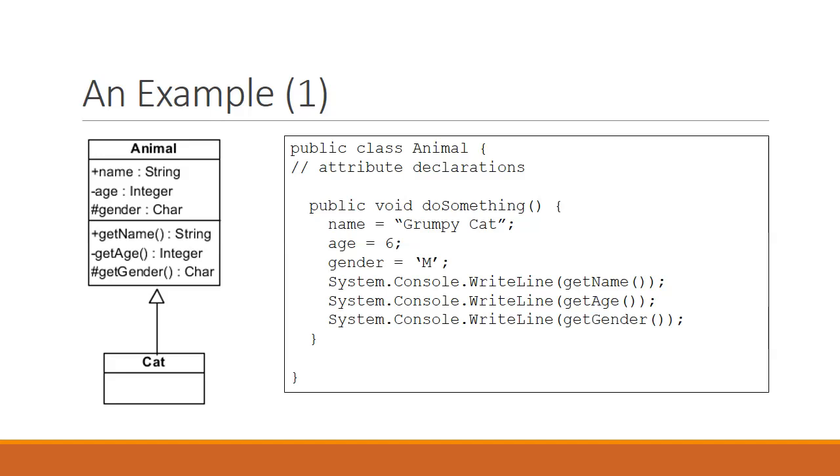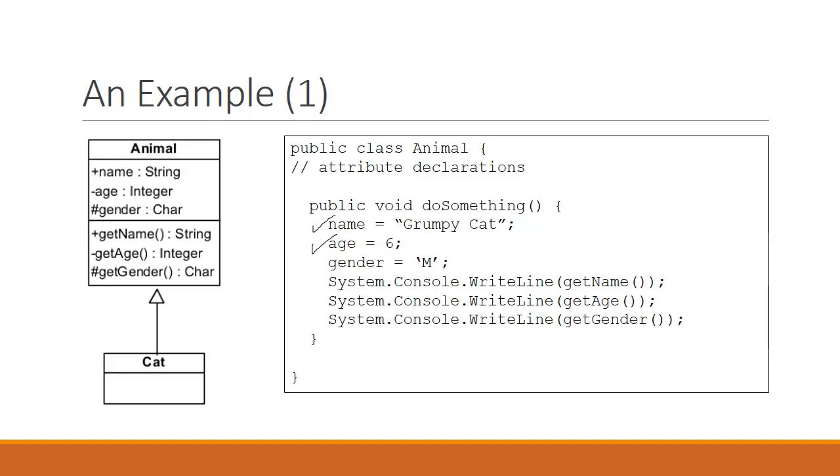Have you thought about it? Okay, in this case, we have the class animal, and the operation do something is within animal itself. This means that it can certainly access the name attribute directly, which is public. The age attribute is private, but since it is within the animal class itself, it also compiles. And finally, what if it's protected?